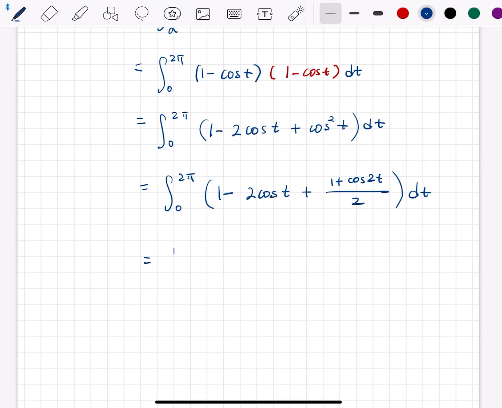Simplify it a little bit more, because here is a 1/2, and then the 1 in the front, we can combine them to get 3/2.